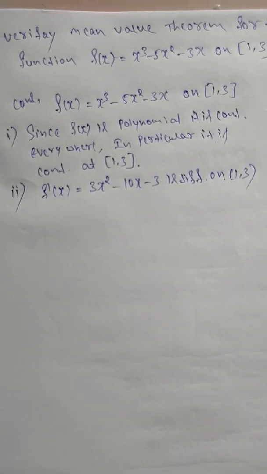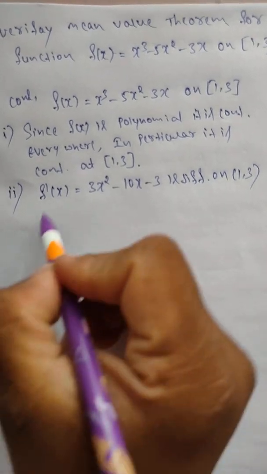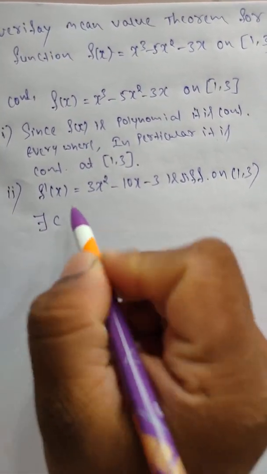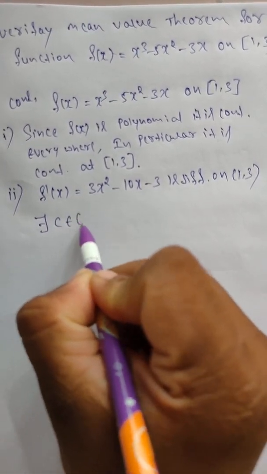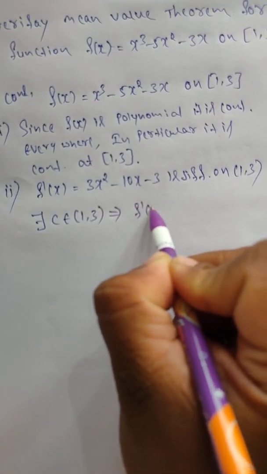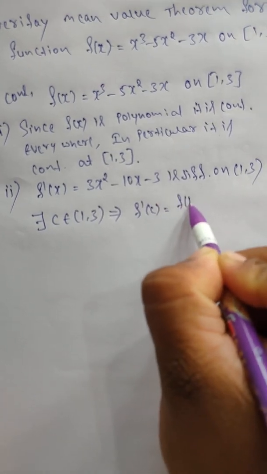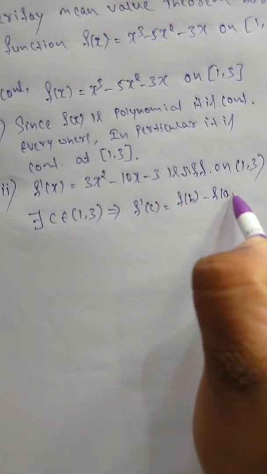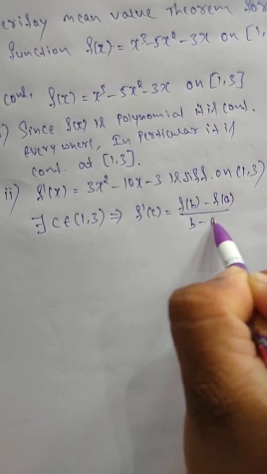Now if these two conditions are satisfied, then there exists a C. C belongs to the open interval 1 comma 3. This implies f dash of C is equal to f of B minus f of A by B minus A.